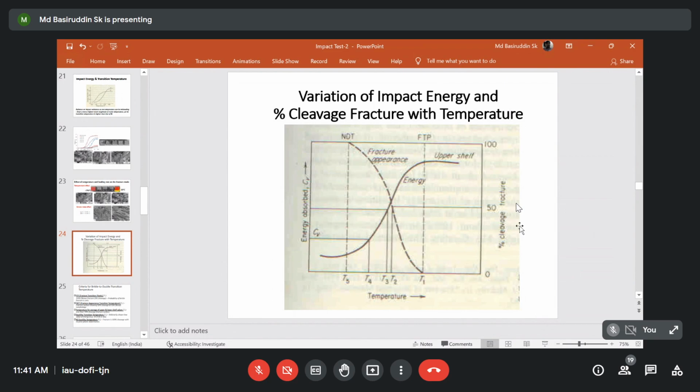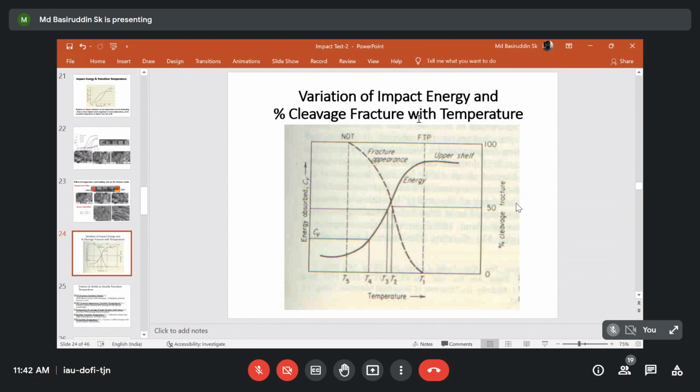So industry people, the CSIR people, or researchers also ask students or researchers to evaluate the FATT, the fracture appearance transition temperature of a material, to assess material performance. Now, if you do the test at a very high temperature where the fracture surface is completely ductile, meaning no brittle fracture is there, that particular point is called the FTP, the fracture transition plastic.